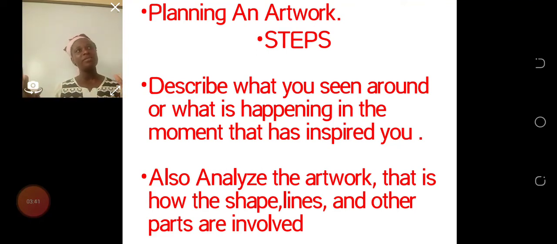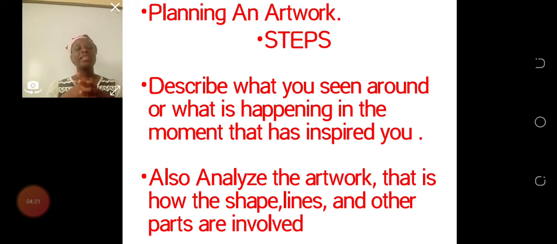So you look at mommy from head to toe, and then you look at the things around her. If you want to make an artwork out of it, you have to draw or create utensils, cooking utensils, and then gas cylinder, stove, and other things. So these things will help you plan an artwork.